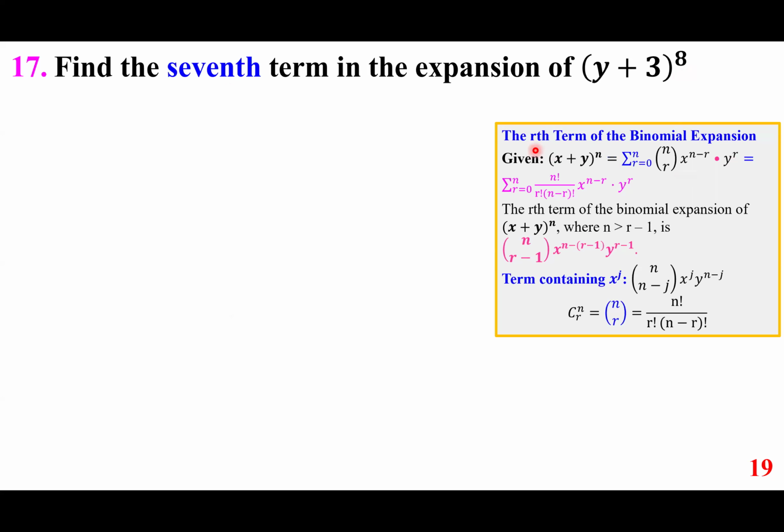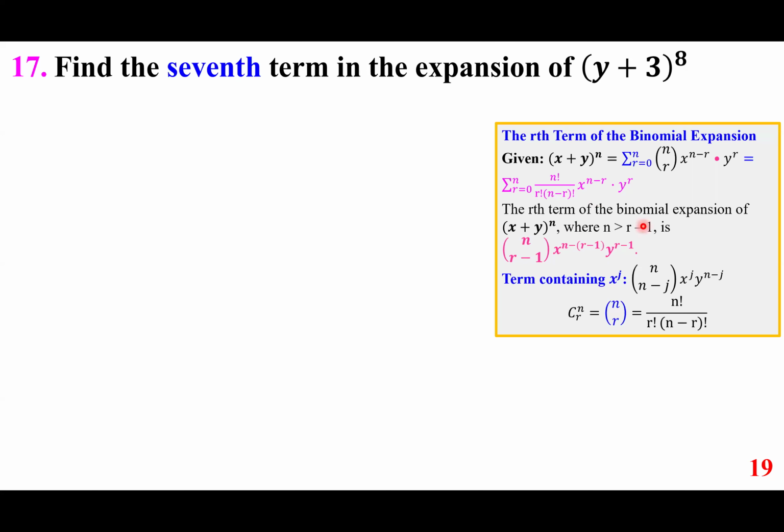If you look at this, the rth term of a binomial expansion of (x + y) to the power of n has this formula. When you expand the combination, you get n factorial over r factorial times (n minus r) factorial.